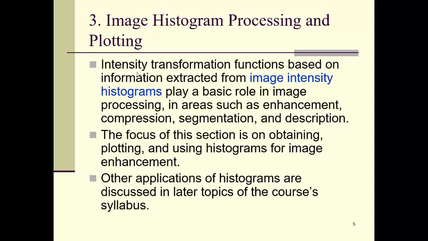So if I put a threshold here, I can distinguish which pixel belongs to which object. You understand the idea? This is what is meant by segmentation. The focus of this section is on obtaining, plotting, and using histograms for image enhancement. In this case, we will talk about image enhancement, and later we'll see how we can use statistics to make the segmentation.